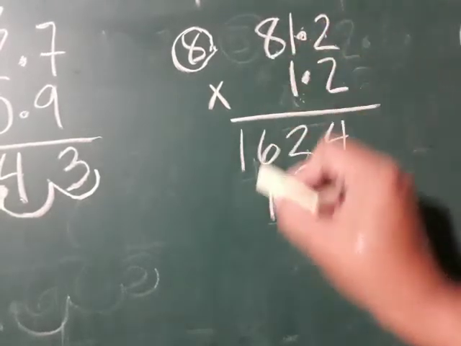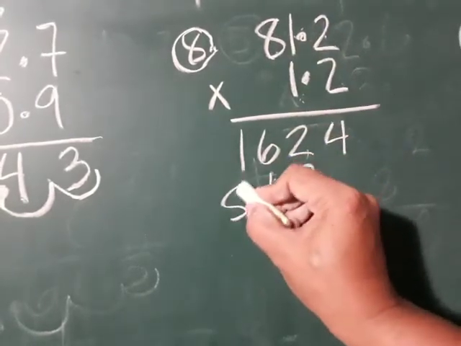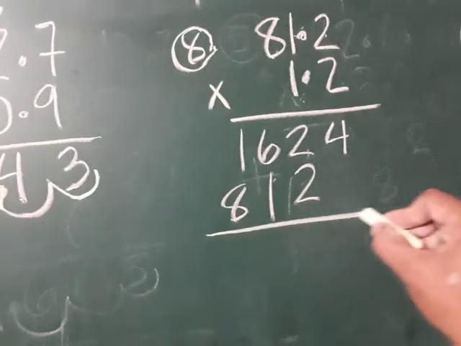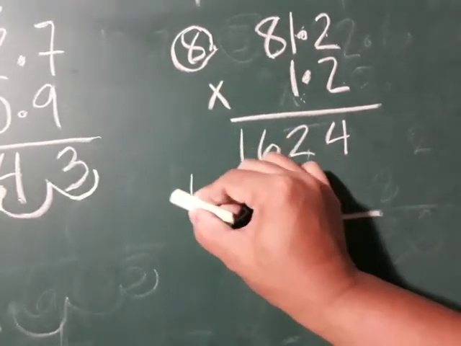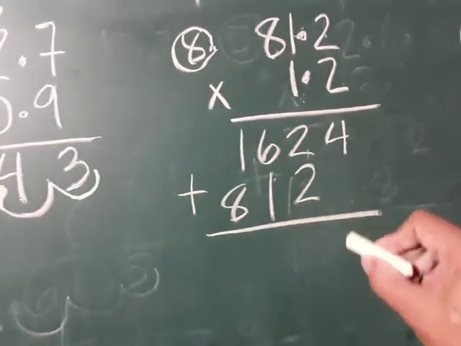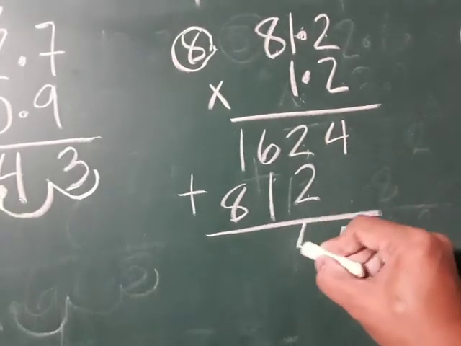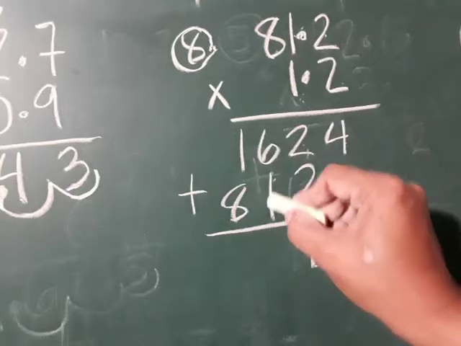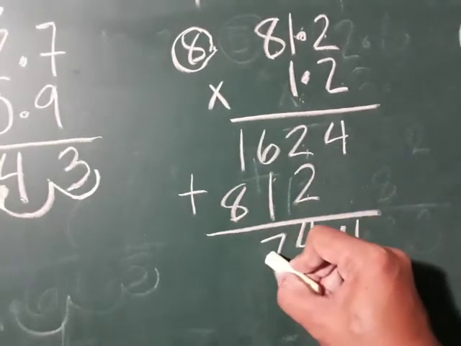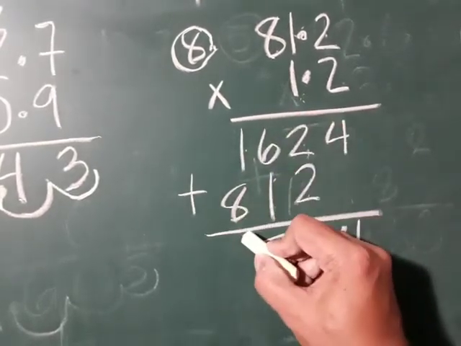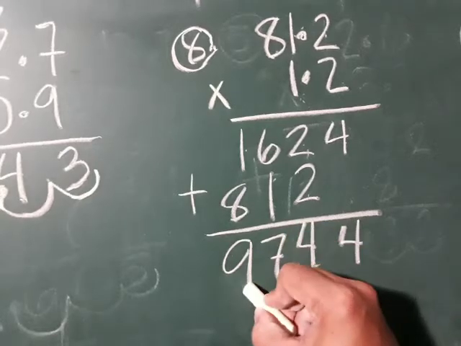And 1 times 8 is equal to 8. Then add, bring down 4. 2 plus 2 is equal to 4. 6 plus 1 is equal to 7. And then 1 plus 8 is equal to 9.